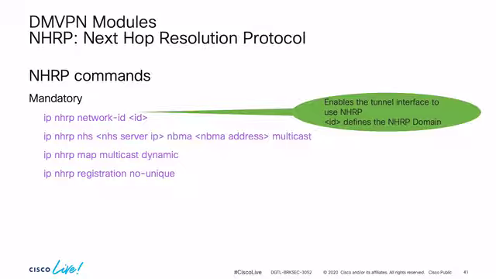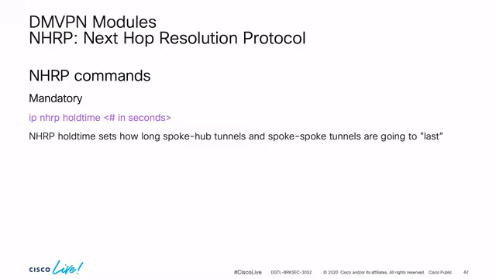Another mandatory NHRP command is the IP NHRP hold time. Whatever value we put in the hold time indicates how long spoke to hub or spoke to spoke tunnels are actually going to last. You can call this a kind of timer.